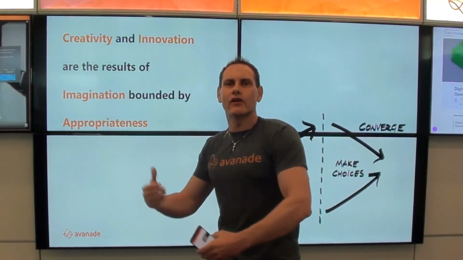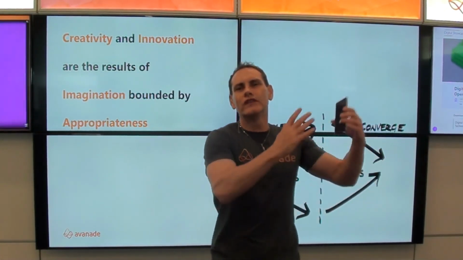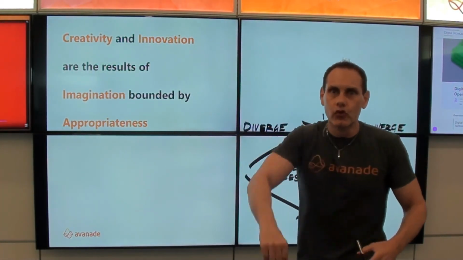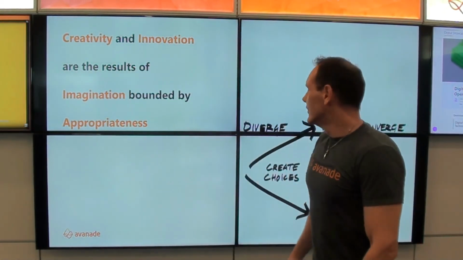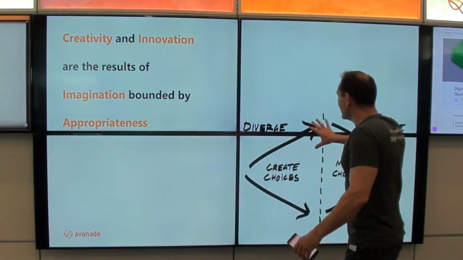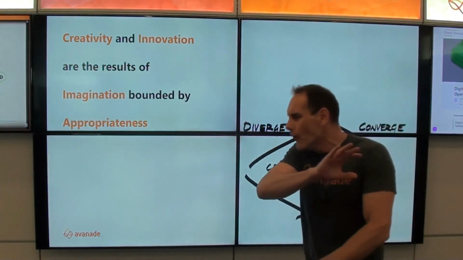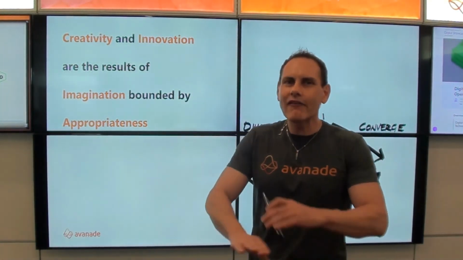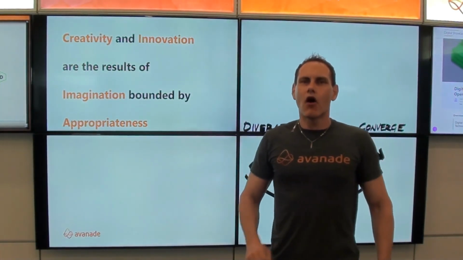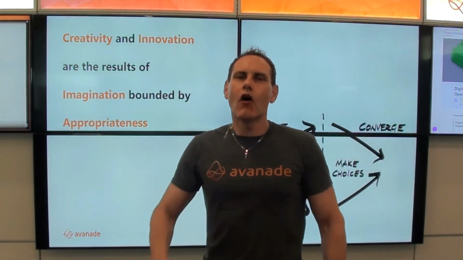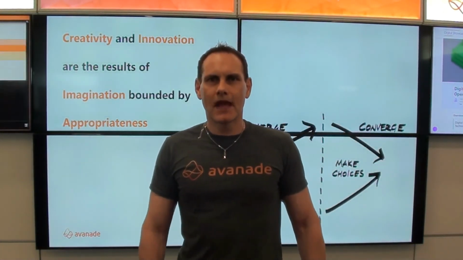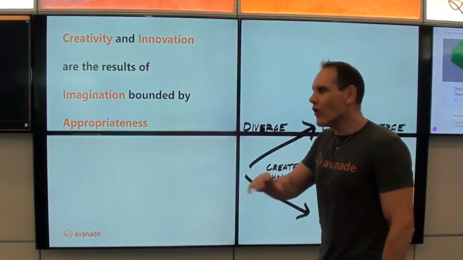How could I go about accomplishing whatever? I could do this, I could do that. Doesn't matter whether I can actually do it, but this might be a way to approach it. And kids have this wonderful ability to totally discount appropriateness. They have no concept yet of appropriateness, of money, of budgets, of technical limitations. They just have ideas, and it's awesome.